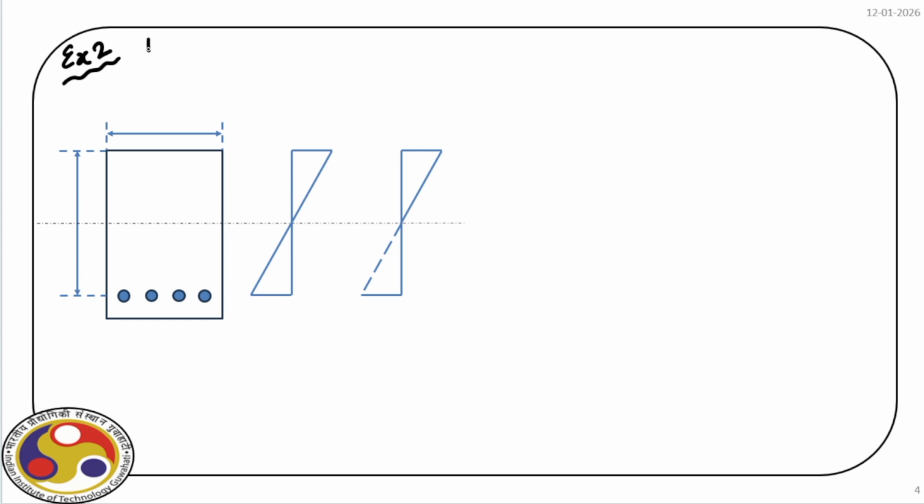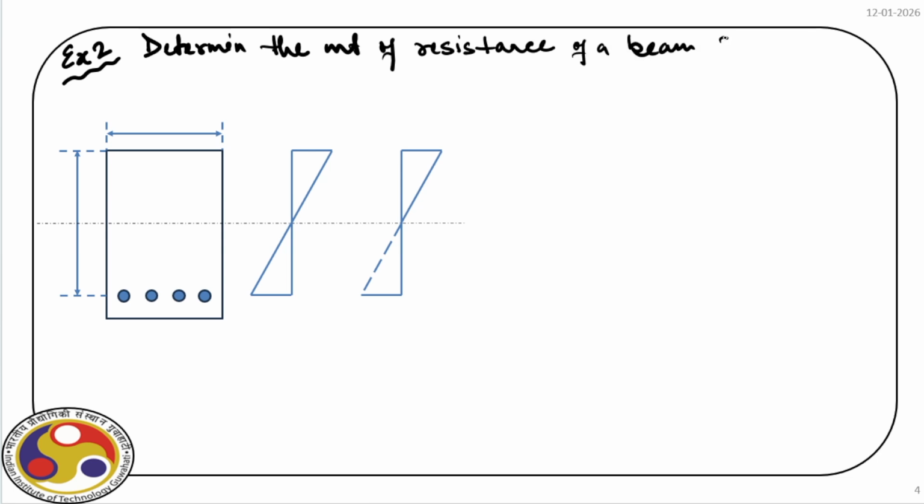Determine the moment of resistance of a singly reinforced beam. The beam is 200 mm wide and 375 millimeter deep.